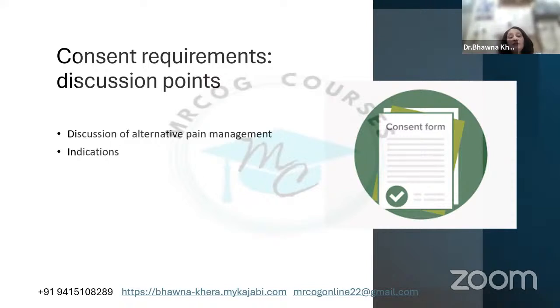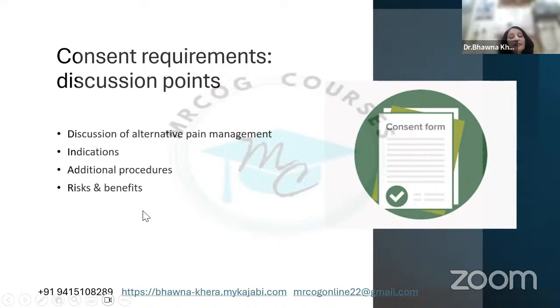So basically, when we are counseling the patient for the consent, we have to discuss the alternative pain management pathways. The indication for the patient should be appropriately mentioned and she should be counseled. If at all we are required to do any additional procedures, we have to explain those as well.